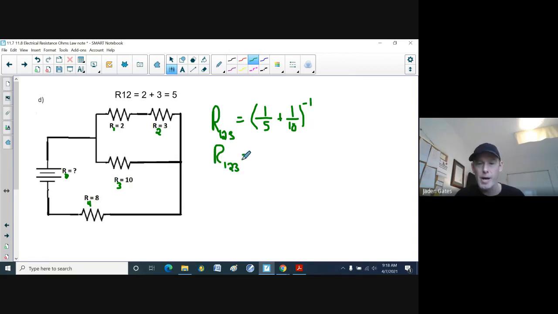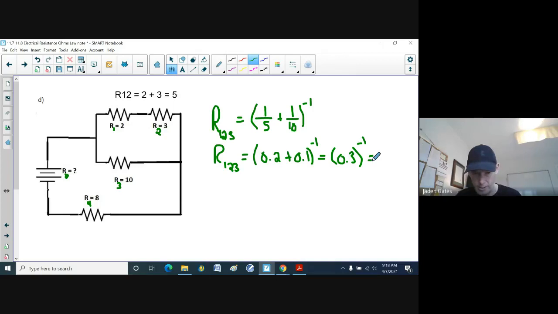So now I've got R1,2,3. So this is like I'm combining all of them. 1 divided by 5, 0.2. I've had that a couple times. 1 divided by 10, that's 0.1. And again, to the power of -1. And so 0.2 plus 0.1, well, I know that's 0.3 to the power of -1.